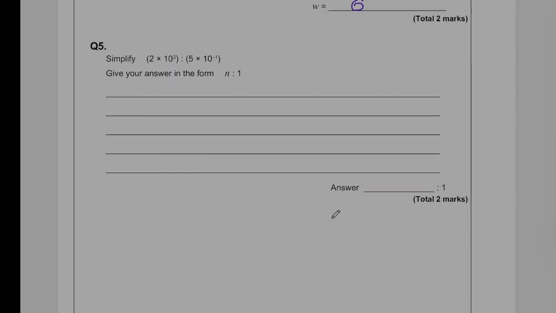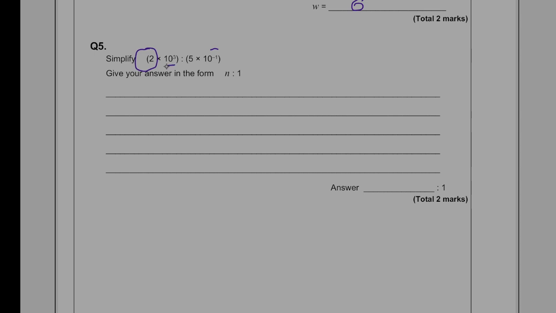Okay, question 5. Simplify in the form n to 1. Okay, so if we keep it in the ratio form for now, what I'm going to do is convert this one to being a 10 to the minus 1.